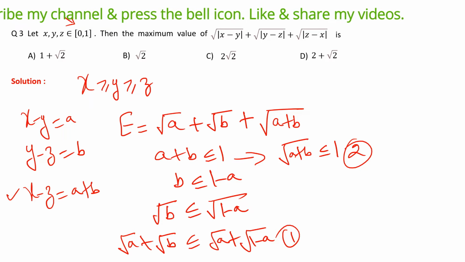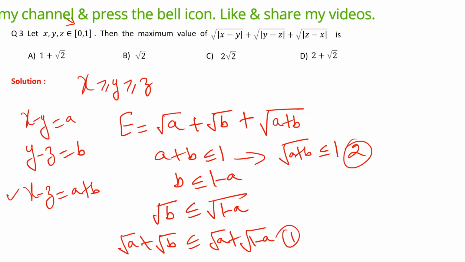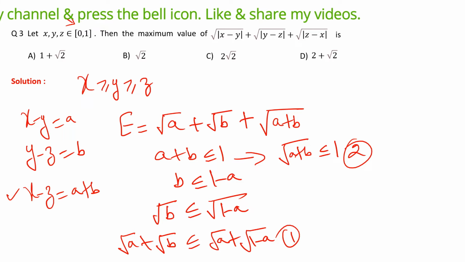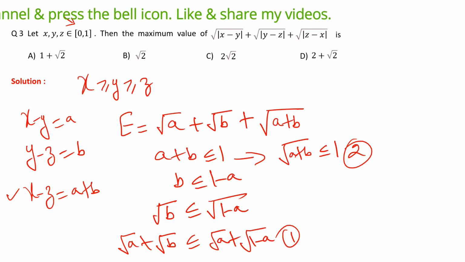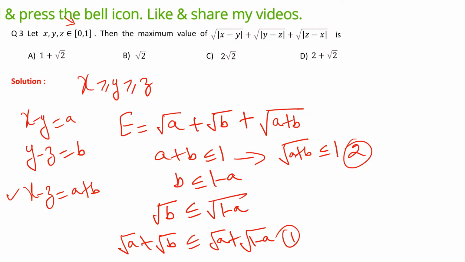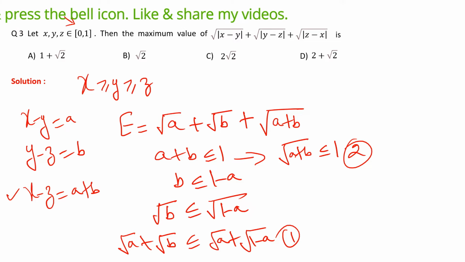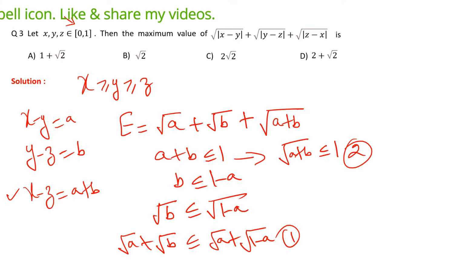Because for sine theta plus cos theta to be equal to 2, both sine theta and cos theta have to be 1, which is impossible. Because when sine theta is 1, cos theta has to be 0. Right? So that means while adding any two inequalities having less than or equal to sign or greater than or equal to sign, you must be careful while attaching the sign of equality.